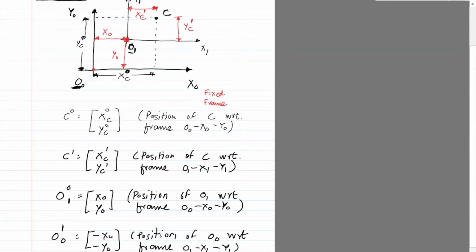Let's get to rotations. And this is where it's a little bit harder, I would say. But then once you get the hang of it, it becomes much easier to use. Okay, so pretty much the same caricature. That is, we start with a fixed frame which does not move, O, X0, Y0.